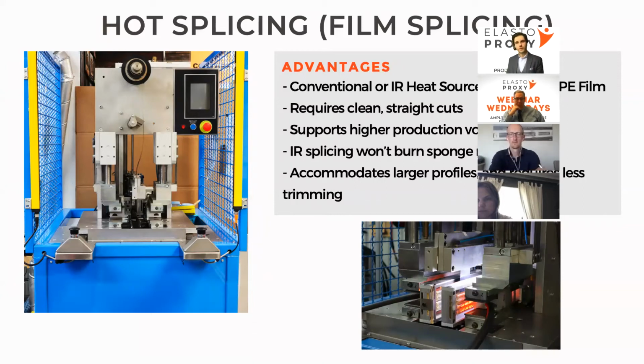There's still tooling involved, unless we use a profile that we have in stock or have used in the past that we have a tooling for. If it's a custom made profile, we need to design a tooling to clamp over that profile to get the best possible pressure when splicing the profile together.